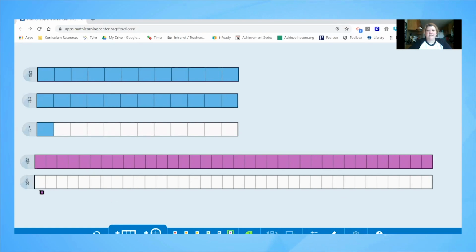And he had 15 36ths. 1, 2, 3, 4, 5, 6, 7, 8, 9, 10, 11, 12, 13, 14, 15 out of 36.